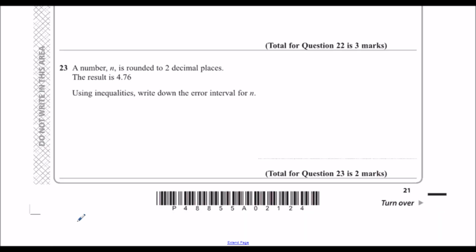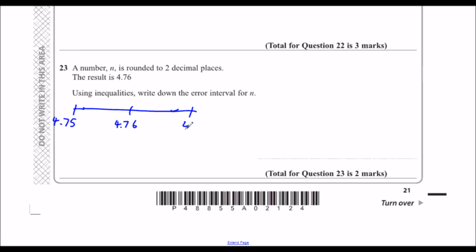Okay, question 23. A number n is rounded to 2 decimal places. The result is 4.76. Using inequalities, write down the error interval for n. So if we've got 4.76, the one before it, to 2 decimal places, is 4.75.